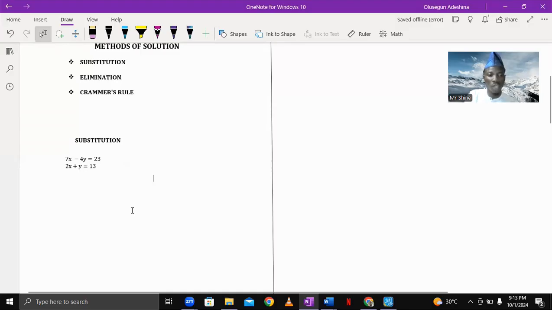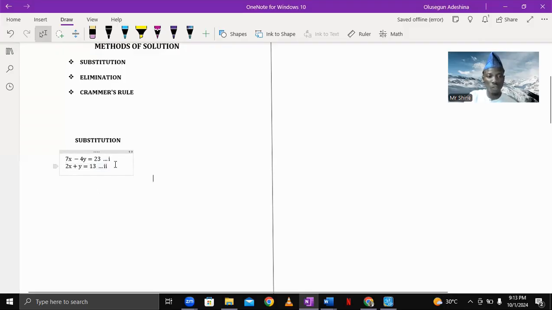But we are going to make either x the subject of the equation or y the subject of the equation in any of the two equations. But first and foremost, let us name the equations. The first equation here will be named equation 1, while the second will be named equation 2. So we have two equations.